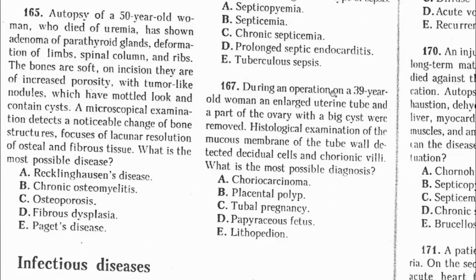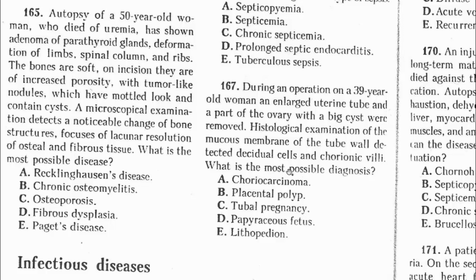67. During an operation on a 39-year-old woman, an enlarged uterine tube and a part of the ovary with a big cyst were removed. Examination of the mucous membrane of the tube wall detected decidual cells and chorionic villi. What is the most possible diagnosis?